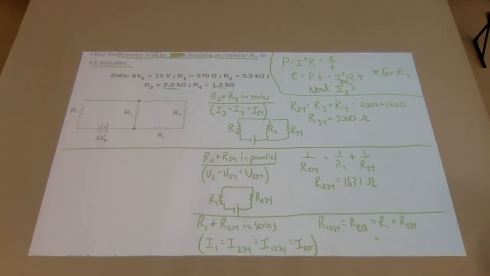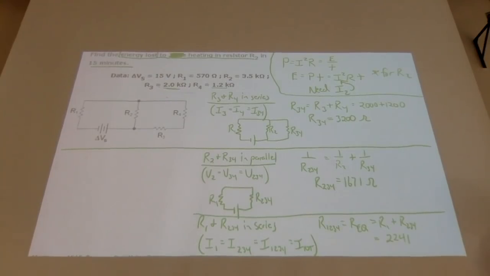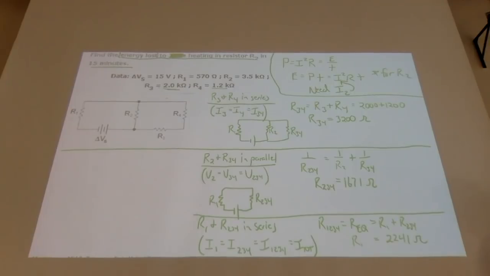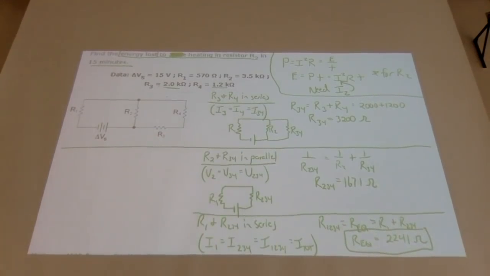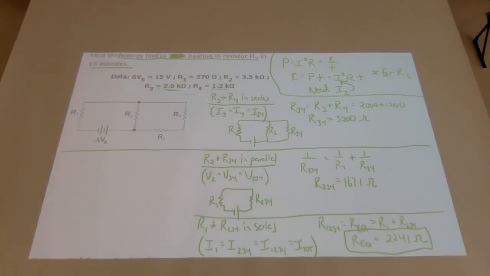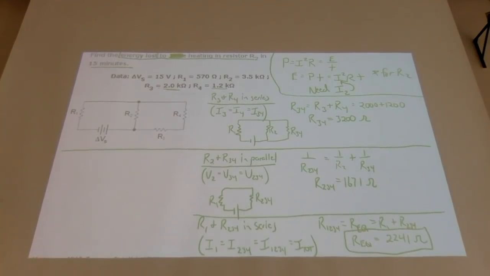So you should get 2241, I think. That is the equivalent resistance for the entire circuit. I could take all four of those resistors out, just put the one there, same circuit. There is no difference between the two.